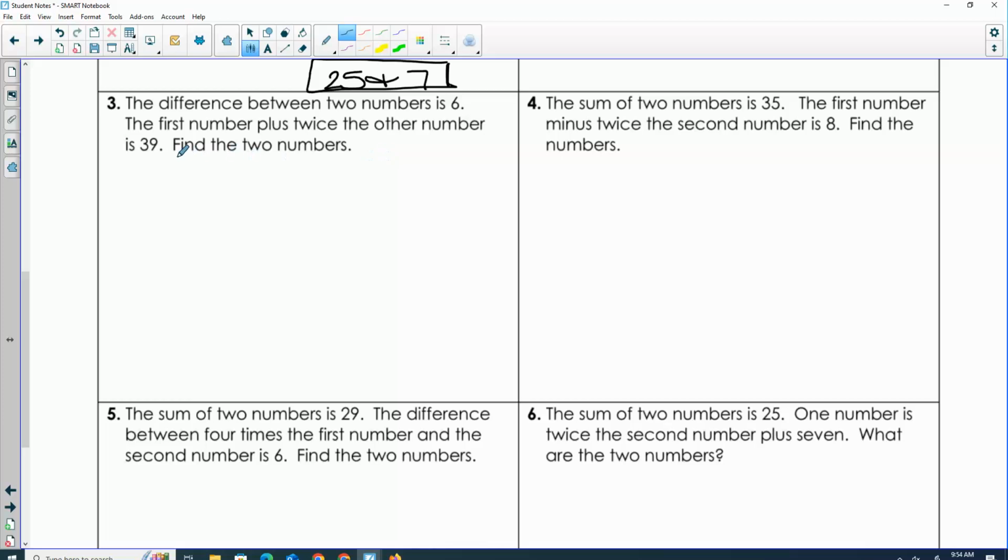Find the two numbers. So again, I'm looking for the two numbers. So what are x and y? So then be first number and second number. Easy points right there. Okay, make sure you're writing that down.